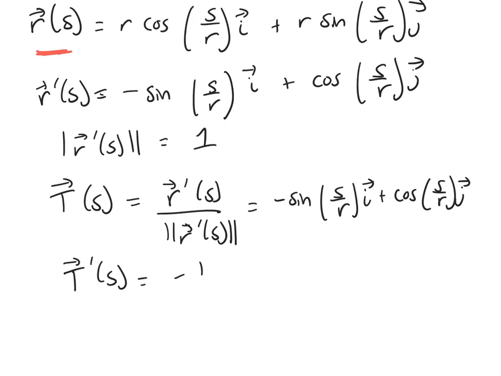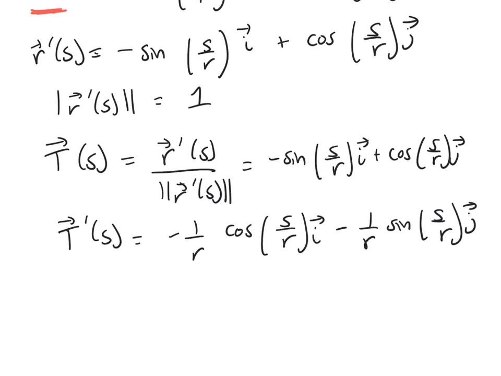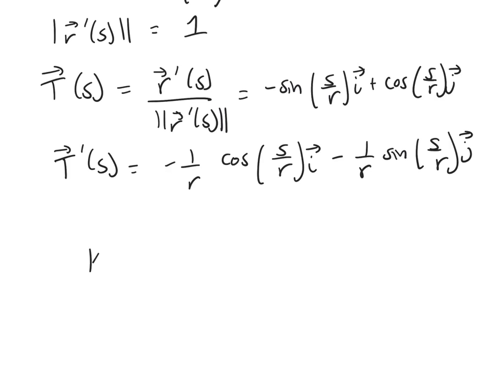T prime of s, you're going to get a minus 1 over r cosine of s over r i and a minus 1 over r sine of s over r j. And then to get our curvature, kappa, it's the magnitude of T prime of s.